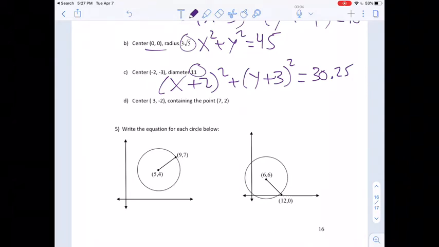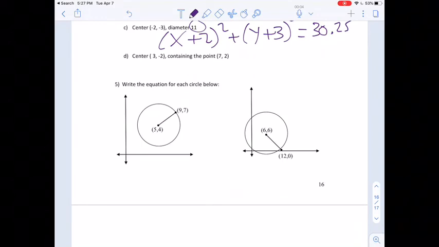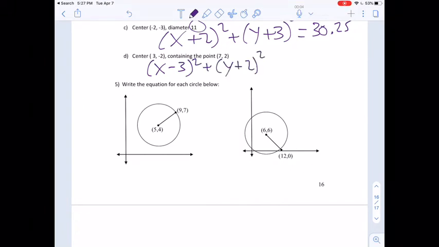Now, the next one is different, and you do need to know how to do a problem like this. It says the center is 3, negative 2. Okay, no problem there. Nothing unusual about that. But we don't know the radius, and it says containing the point 7, 2. So I'm going to write r squared here, and we just don't know that r squared yet.